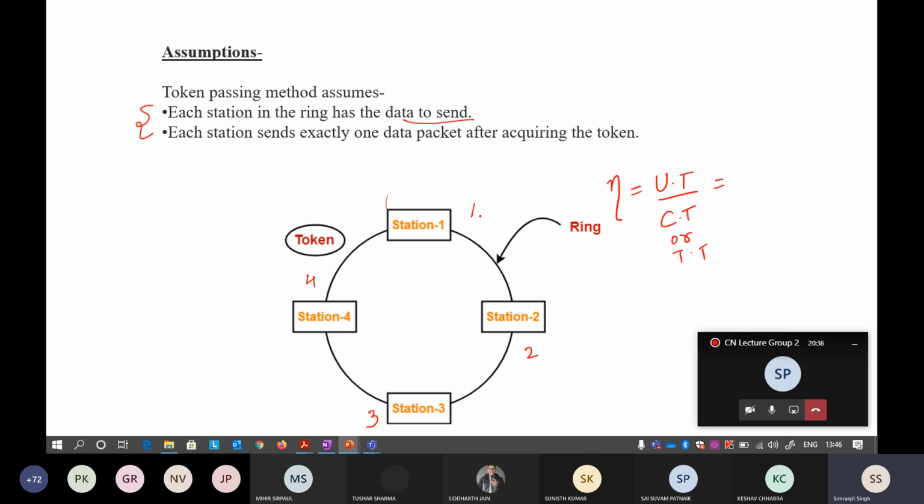If every station receives a token, every station will transmit one packet. When the token is at this station, it will transmit one packet. When the token is at this station, it will transmit a packet, and the same goes for this one. So it means that transmission time is required.